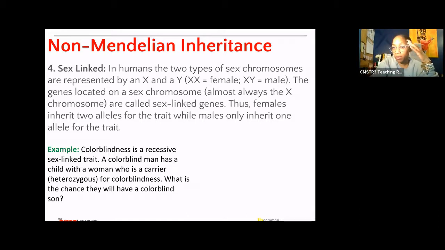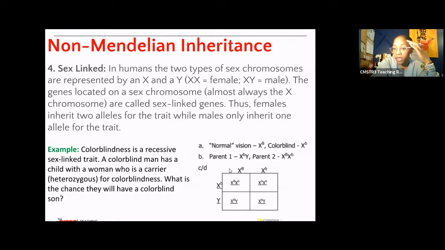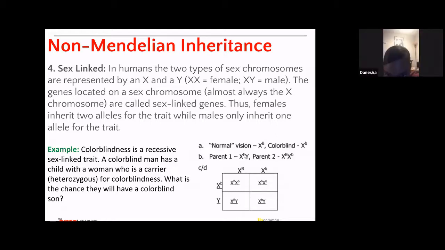You're gonna set this one up again like a Punnett square. And for the sake of time, I'm just gonna throw up the square here for us. What we did that was slightly different is we gave the parents XX and XY. XY is the dad, and we put a little lowercase b because they are colorblind.